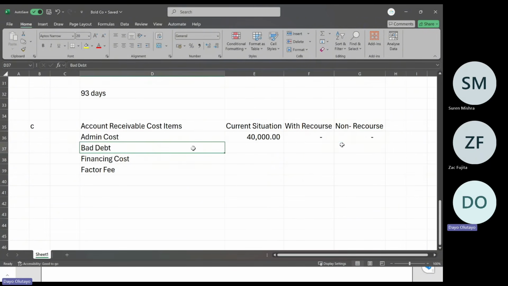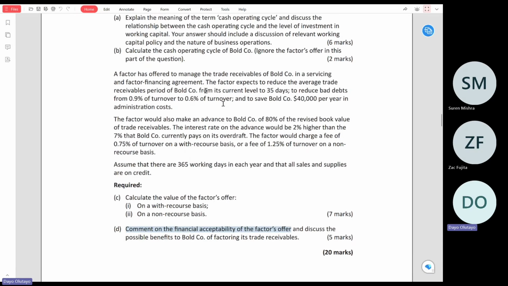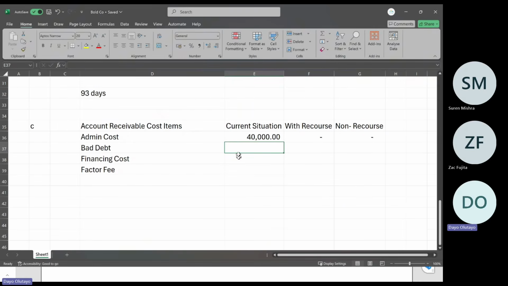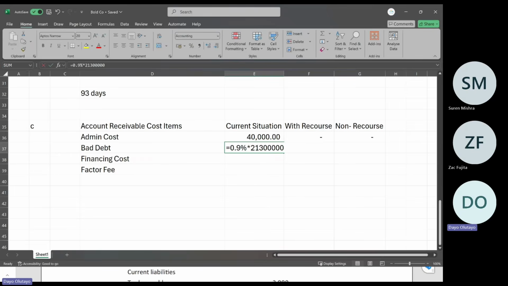Thank you. Bad debt. What is the current bad debt? So the current bad debt, the question has said that if you get this guy, it is going to reduce our bad debt from 0.9% to 0.6%, which means currently we are doing 0.9% of turnover. And that will be equal to 0.9% multiplied by the turnover. The bad debt is 0.9% of 21.3 million, and that is it.